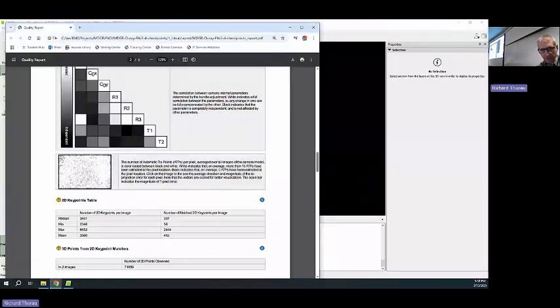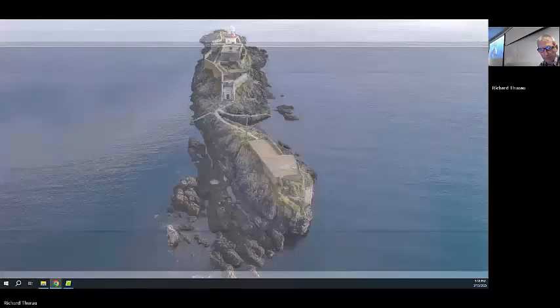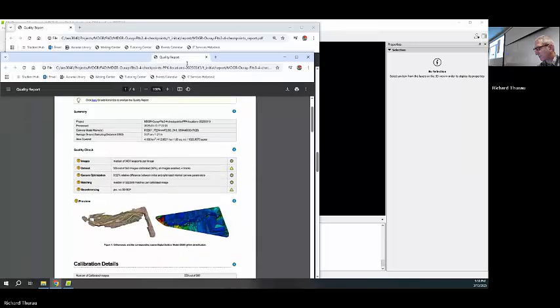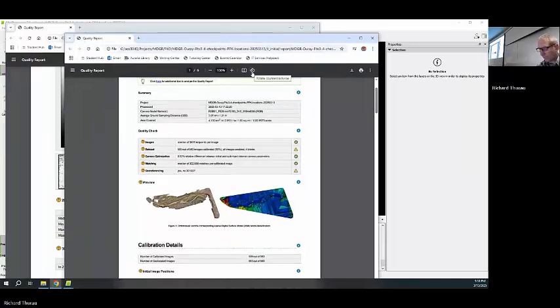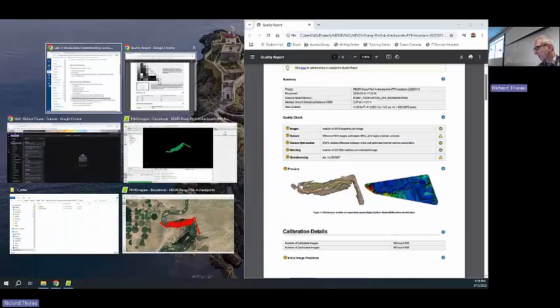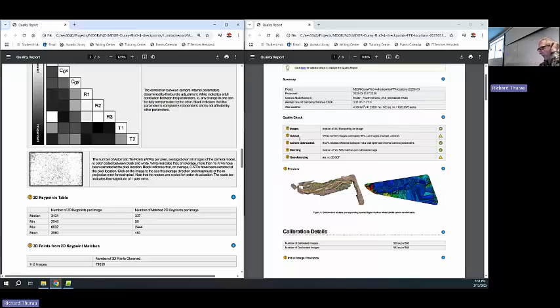And then let me find the other quality report. All right, so on the left-hand side, I have the pre-PPK locations, and on the right-hand side, I have the PPK locations.